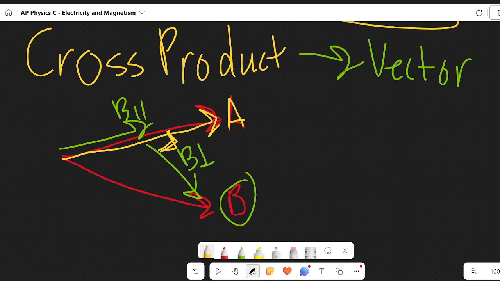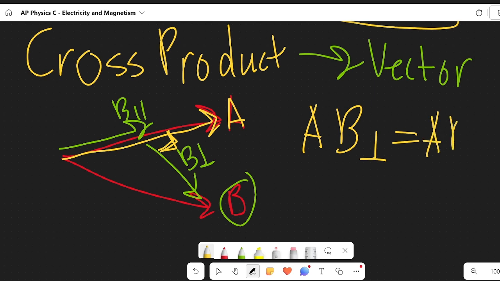Assume A and B perpendicular are perpendicular to each other. So they form the magnitude of the cross product, right? So the magnitude will be A times B perpendicular, which in this case, using the same derivation as earlier, will simplify to AB sine theta, right? So that's what our magnitude is.